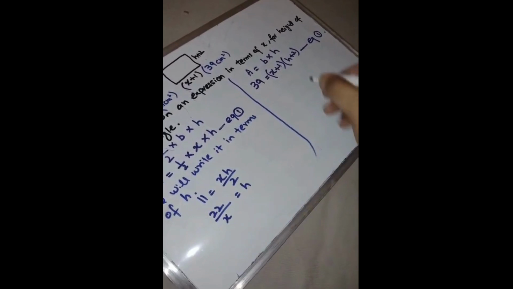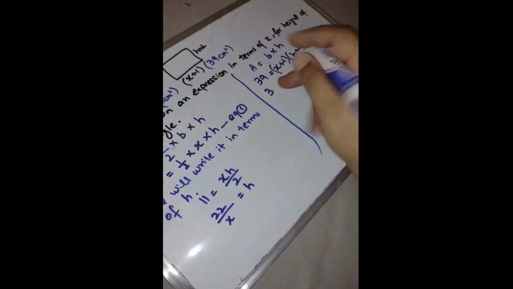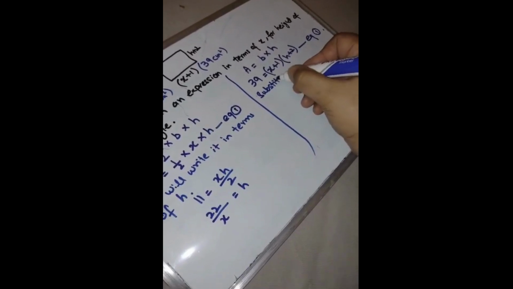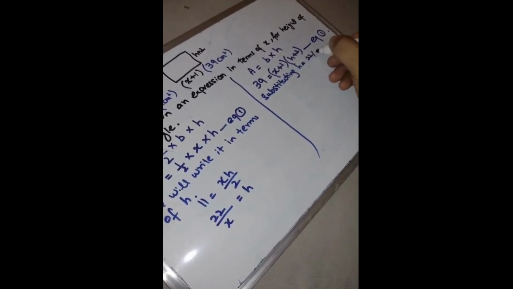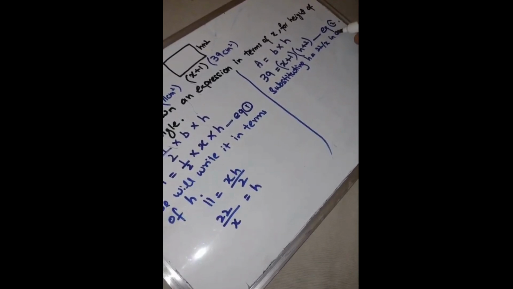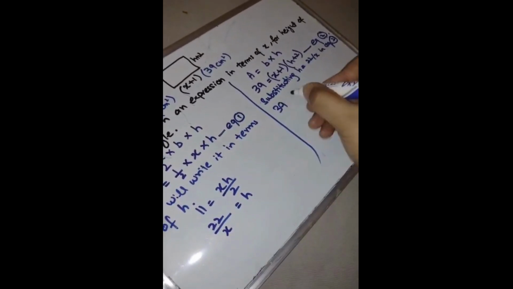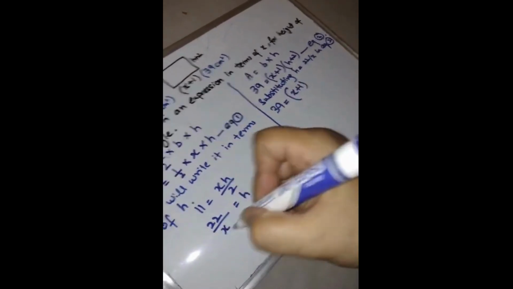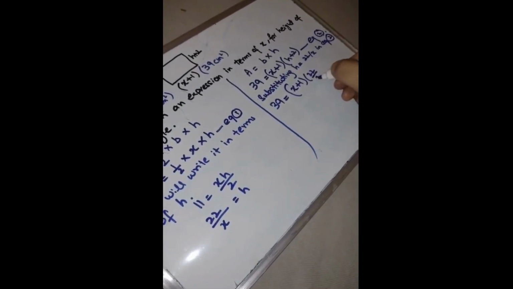Now we are going to substitute this value over here. Substituting h is equal to 22 upon x in equation 2, it will be 39 equals x plus 1 times, with h equal to 22 upon x, 22 upon x plus 2.